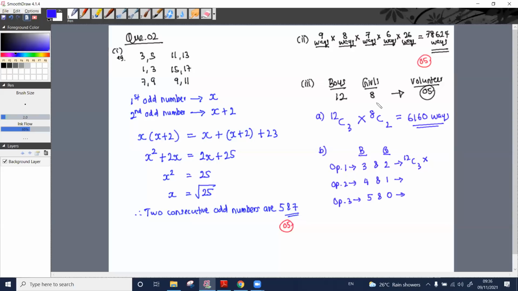Out of how many girls? 8. We select 2 out of 8. In the second option, there are 12 boys in total, and we select 4 out of the 12. Out of 8 girls, we select only 1. In the third option, there are 12 boys, and out of them we select 5. And there are 8 girls, and we are not going to pick any of them, 8 C 0.